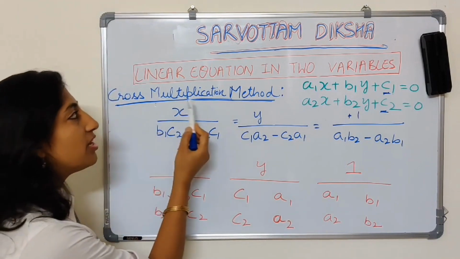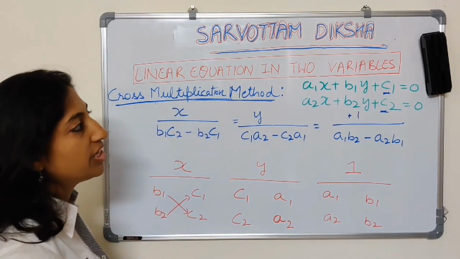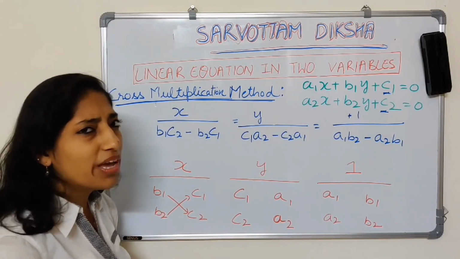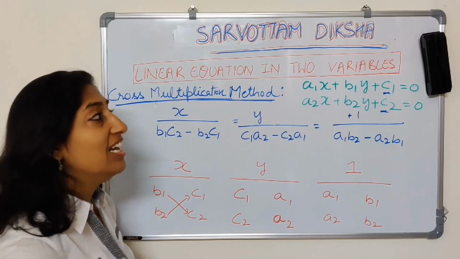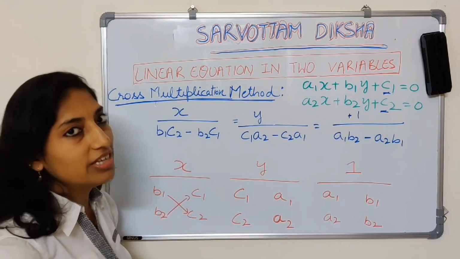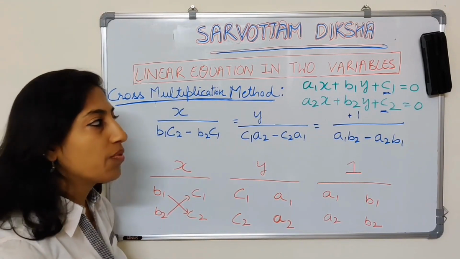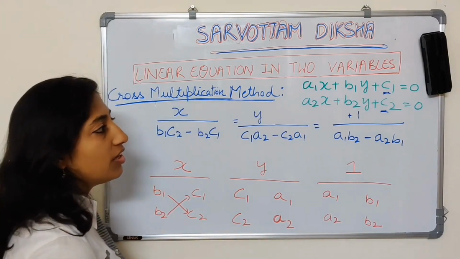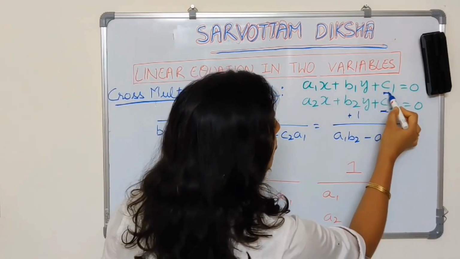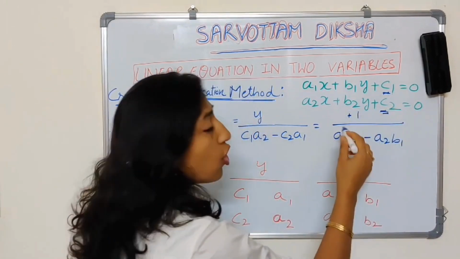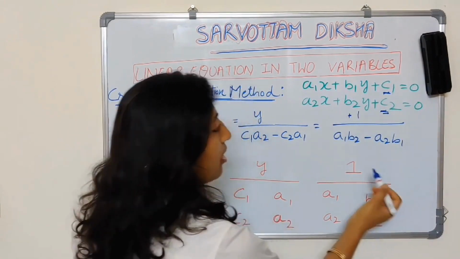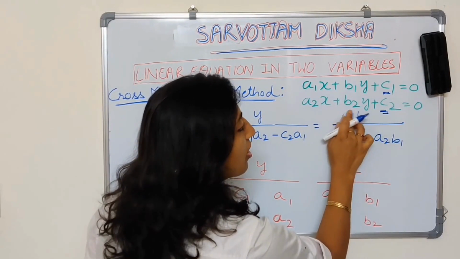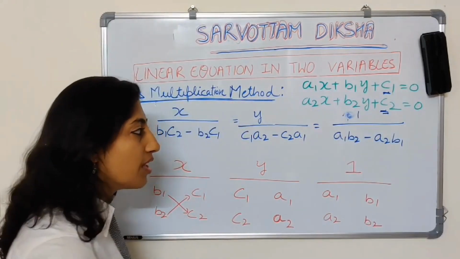Cross multiplication method of linear equation in two variables. This is the most confusing topic which students find amongst all the three methods of finding solution. Till the end, they keep getting confused whether to keep this C1 and C2 on LHS or RHS, whether to keep plus here or minus.